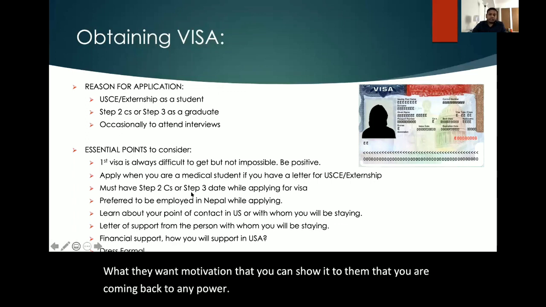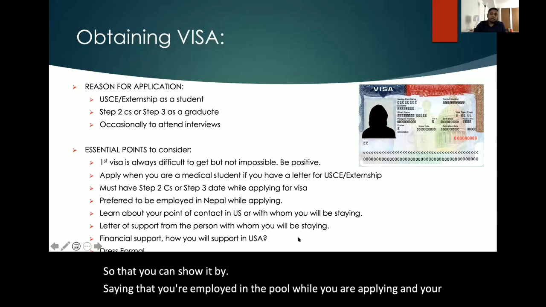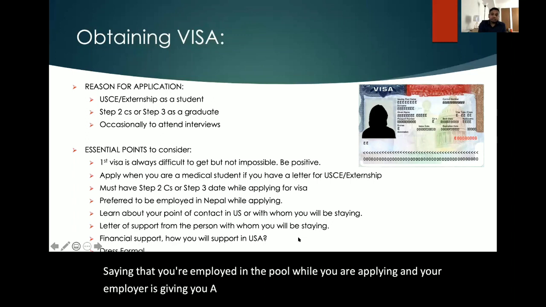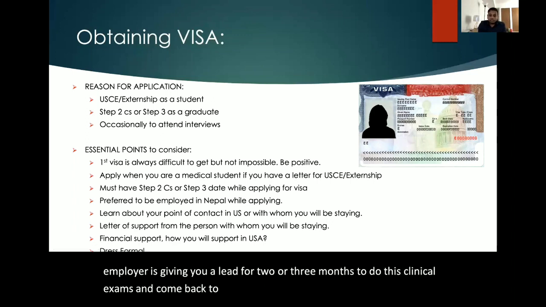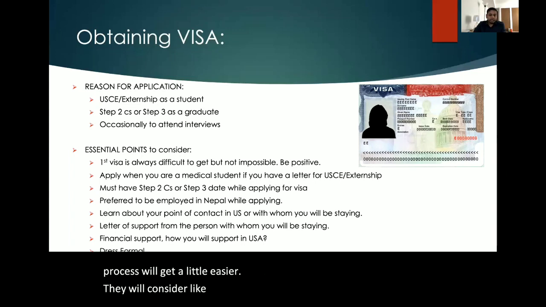You can show it by saying that you're employed in Nepal while you are applying, and your employer is giving you a leave for 2 or 3 months to do these clinical exams and come back to Nepal. If you show these things, your visa process will get a little easier. They will consider that you will be coming back to Nepal after you are done.